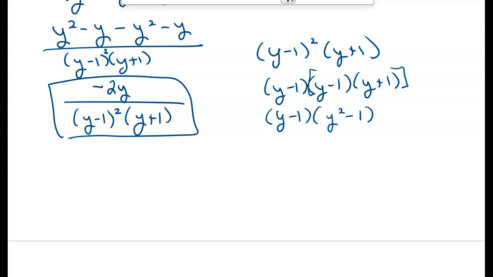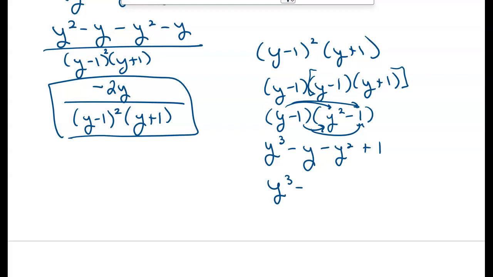We haven't finished simplifying. This is just the denominator process. Do you see why I leave it in simplest factored form now? What do you do now to simplify it? Distribute, yeah. So I distribute the y first, so that's y cubed minus y. Then subtract the negatives. We got negative y squared plus a positive 1. And then when you rewrite it, you get y cubed minus y squared minus y plus 1.